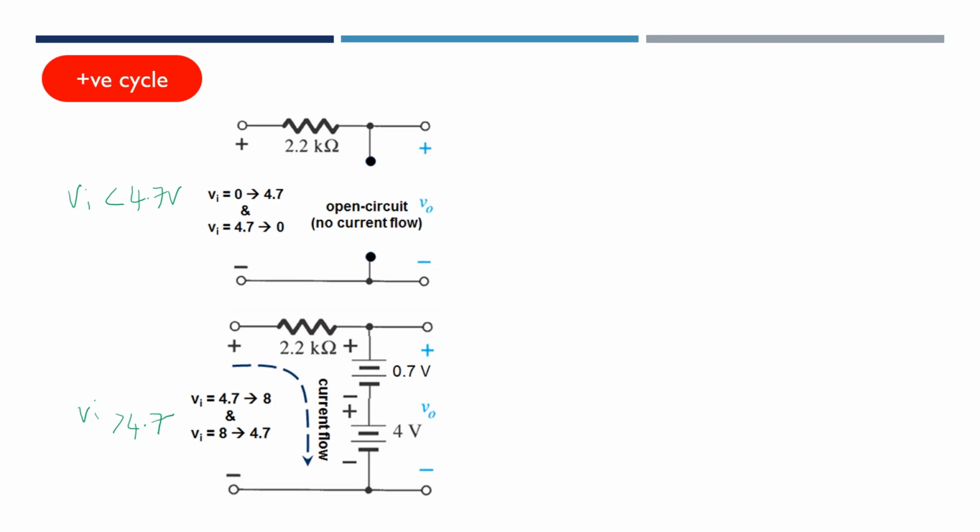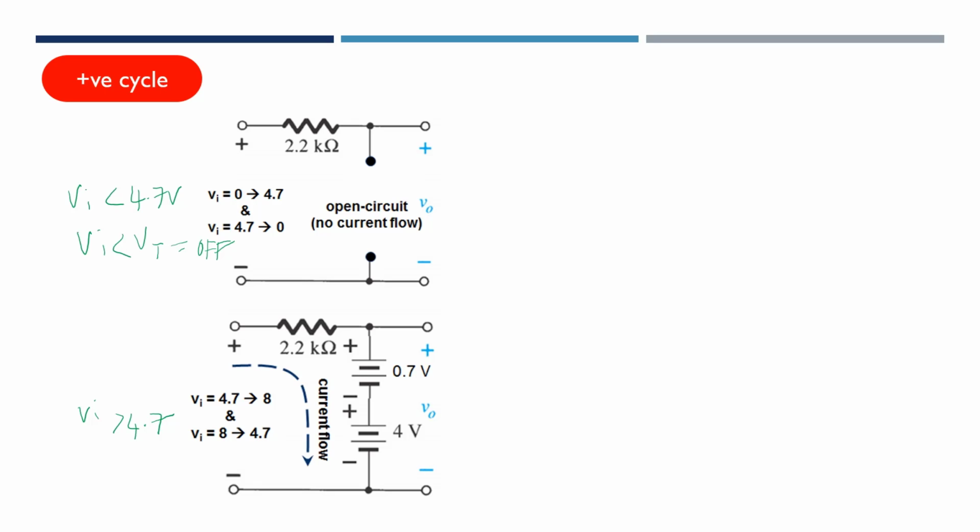For the first condition, VI is less than 4.7 volt. At this moment, VI is less than our transition voltage, so our diode is off, as it does not have enough voltage to be turned on.